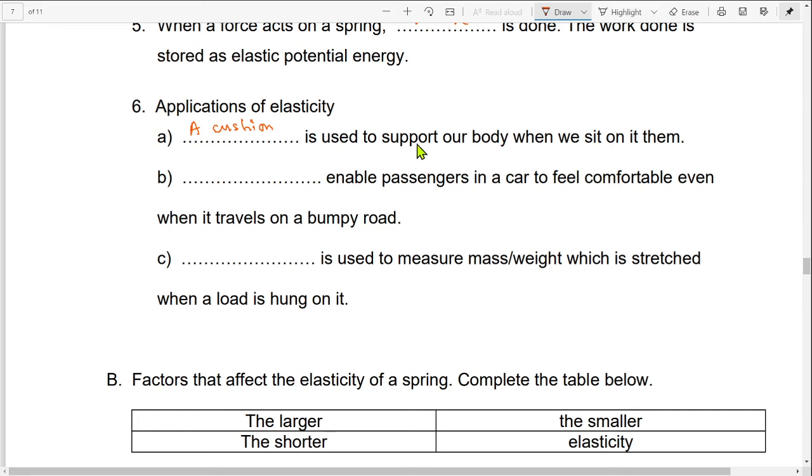Okay, B here, this one you just cancel. B enables passengers in a car to feel comfortable even when it travels on a bumpy road. So that is our car absorber, right? Okay, C is used to measure mass or weight, which is stretched when a load is hung on it. So this one here is our spring balance.